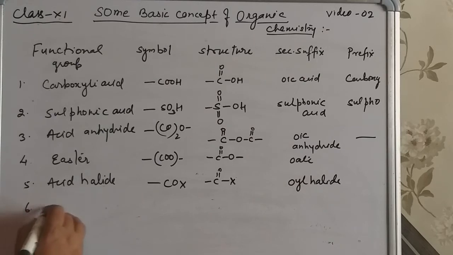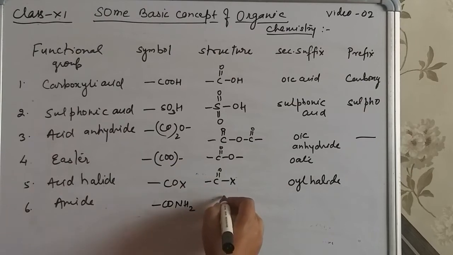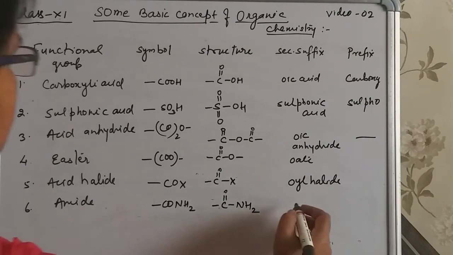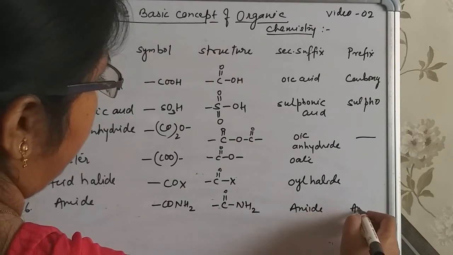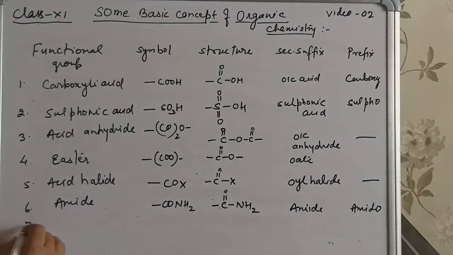Number 6, amide. CONH2, C double bond O, NH2, and it is called amide. The prefix used is amido. Number 7, nitrile.